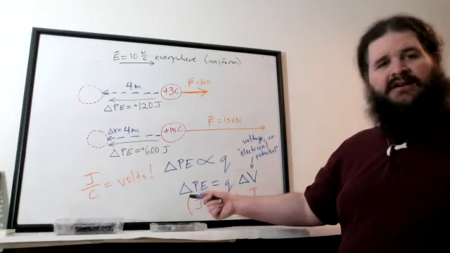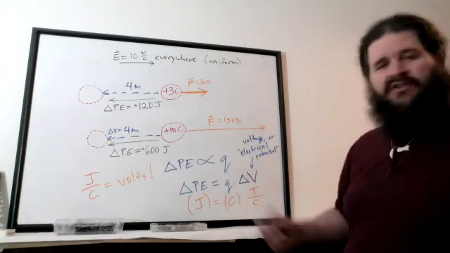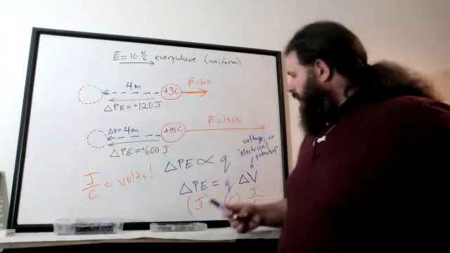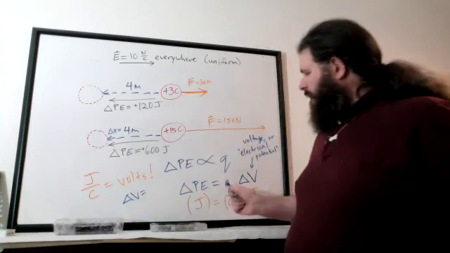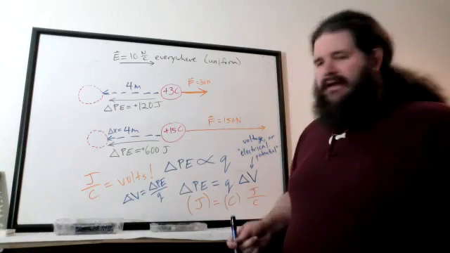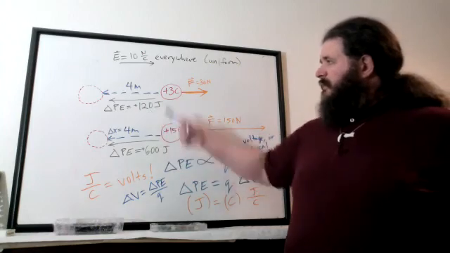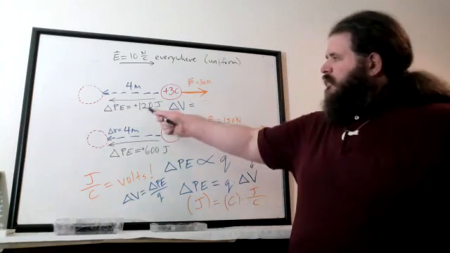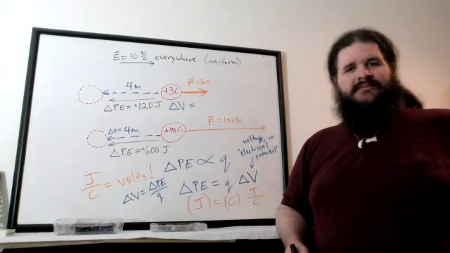Electrical potential energy is not the same thing, but they're related by charge itself, the test charge, as a multiplier. So if we look at that ratio, because we can solve for voltage, delta V, by just dividing both sides by charge. So if we try that here, the change in potential energy divided by the charge, what's 120 divided by 3? 40.